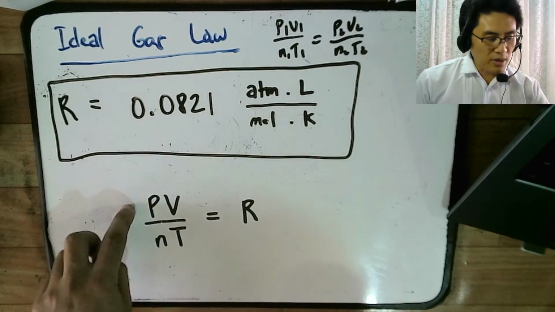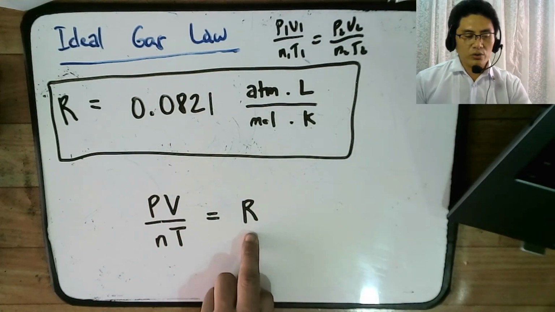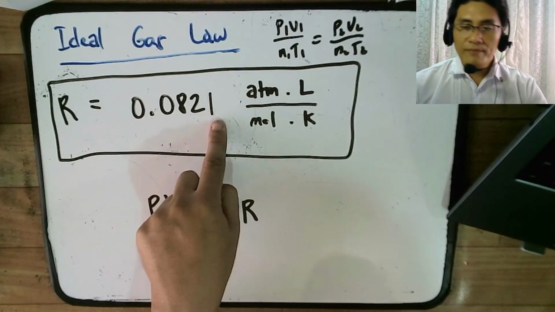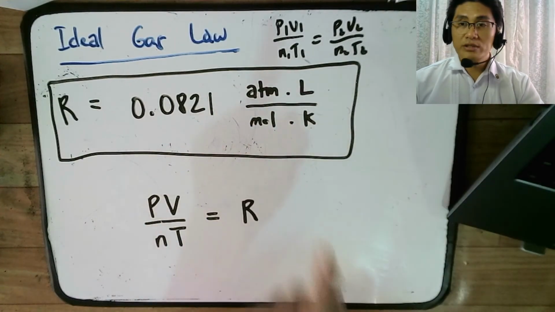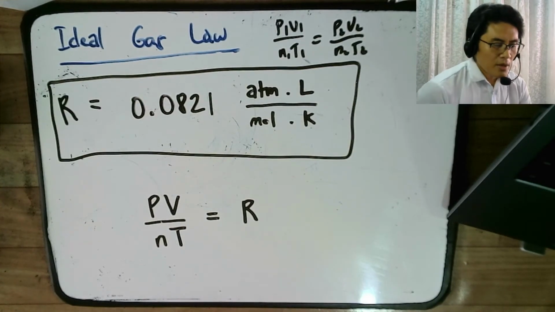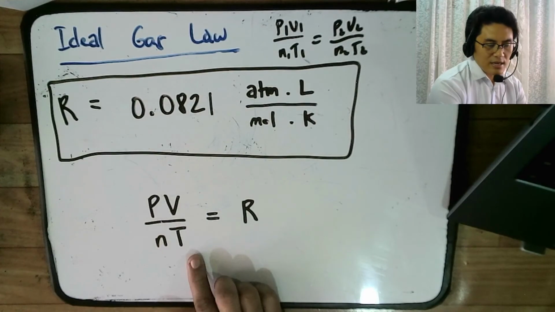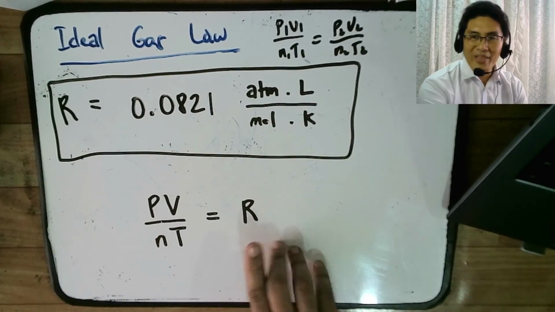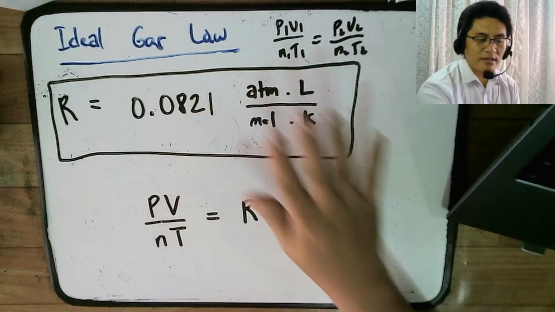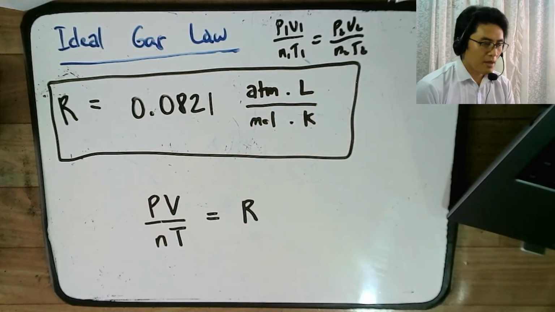As long as you know the P, the V, and the N, and the T, when you do that calculation, you will always get the value, which is R, which is 0.0821 atm liter per mole dot Kelvin. Okay, so that's the idea for the gas law. So P times V divided by N times T is equal to R, and that R will have a fixed value of 0.0821 atm liter per mole dot Kelvin.